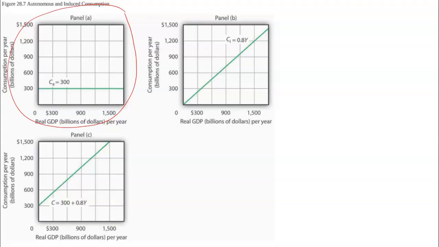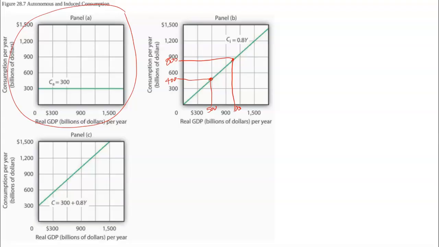Here you're going to get this upward sloping line where consumption is always going to be 80%. So if you have $500 in income, you're going to have $400 in spending. If you have $1,000 in income, then you're going to have $800 in spending.